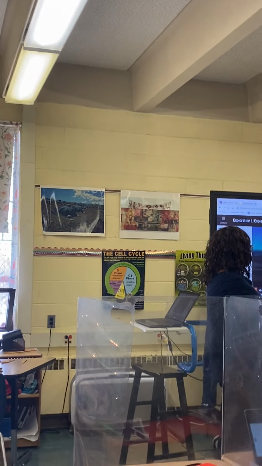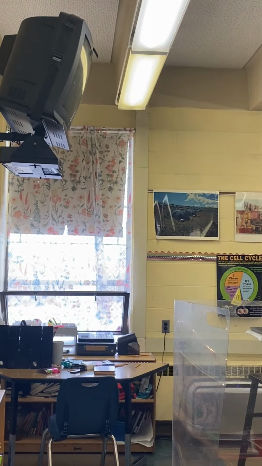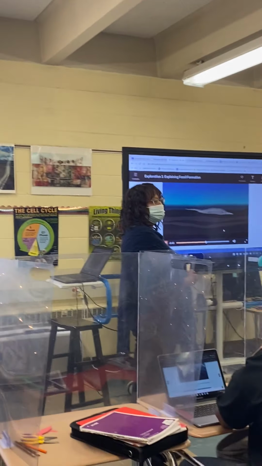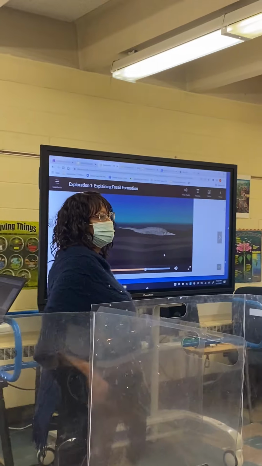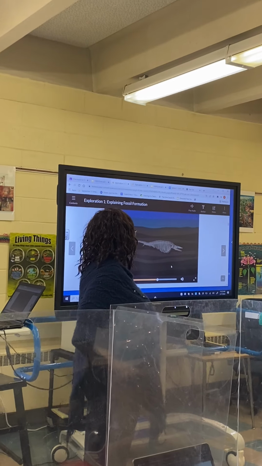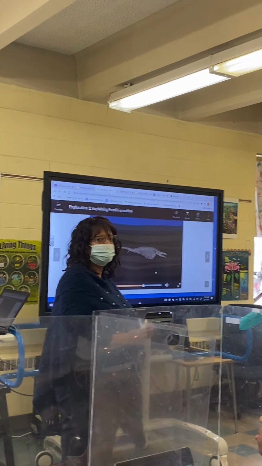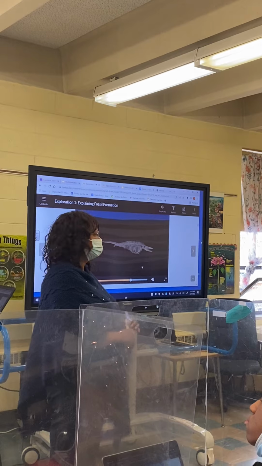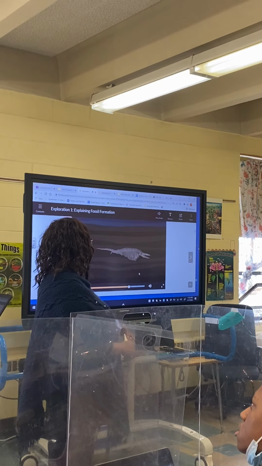Over time, sediment covered the skeleton. More sediment buried the entire skeleton. Layers of sediment built up, eventually turning to rock, and the skeleton fossilized.